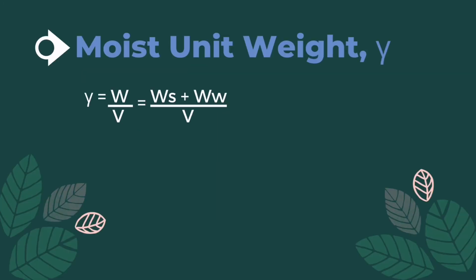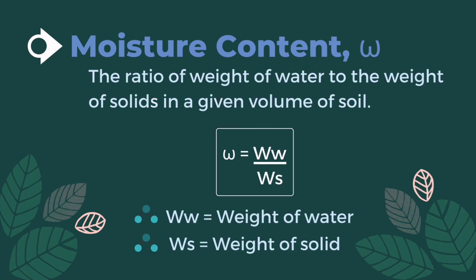Divided by total volume. And then para magamit natin yung moisture content dito, ilalabas natin yung weight of solids by multiplying 1 all over W sub S and magiging ganito ang equation natin. Now, we know na ang moisture content, omega, is equals to weight of water divided by weight of solids.